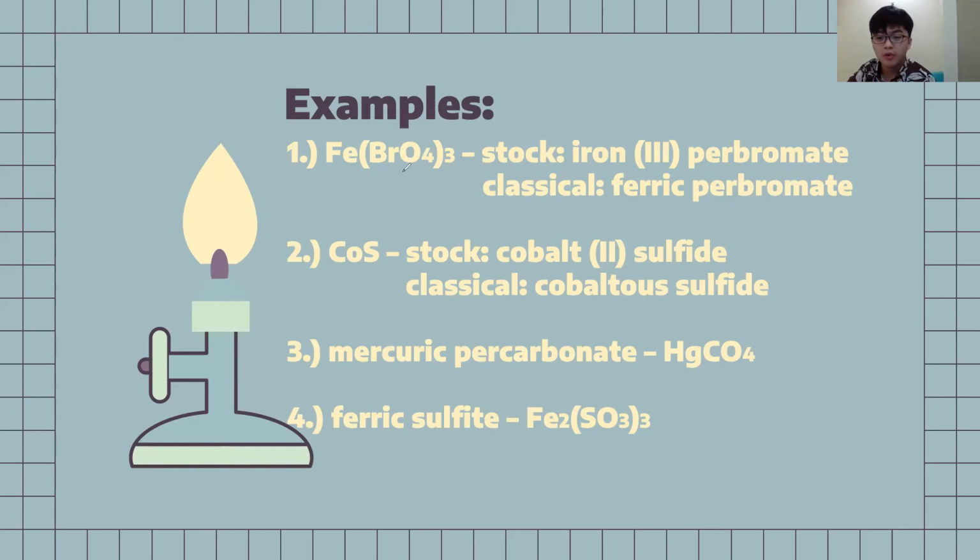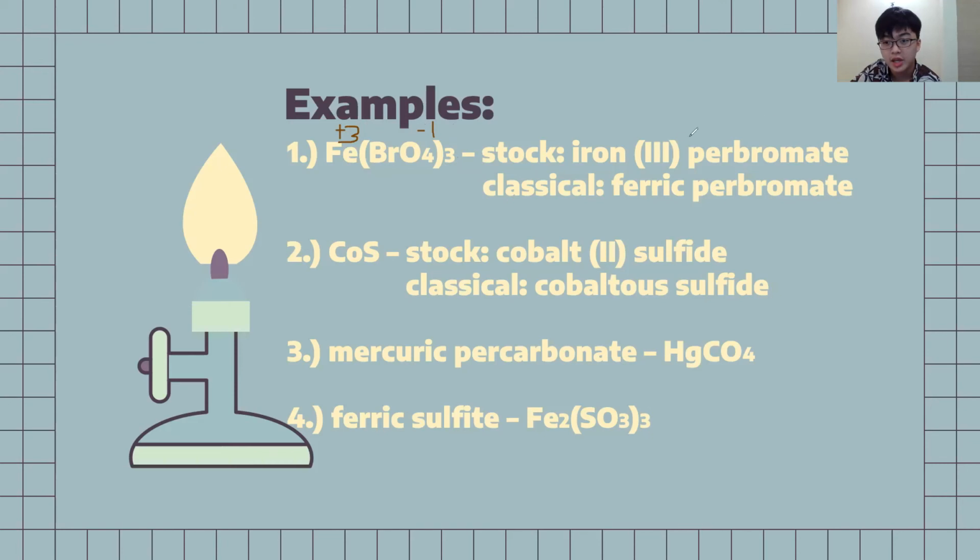BrO4, the charge is -1, and it is multiplied by 3, so it is -3. And to make it 0, Fe must be +3.